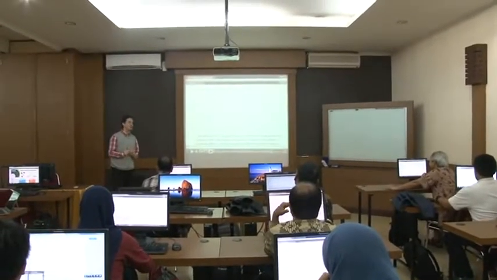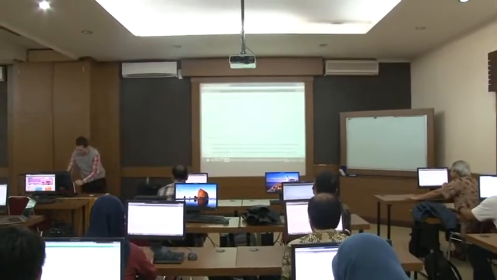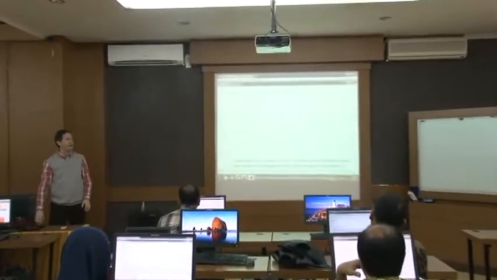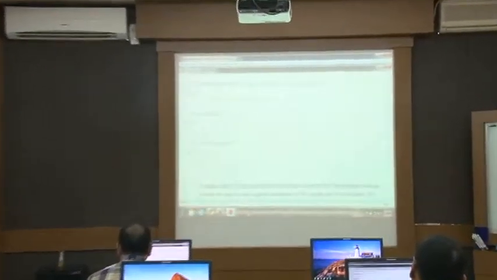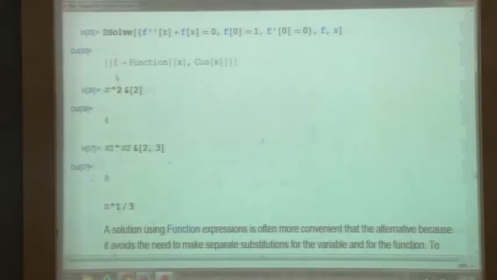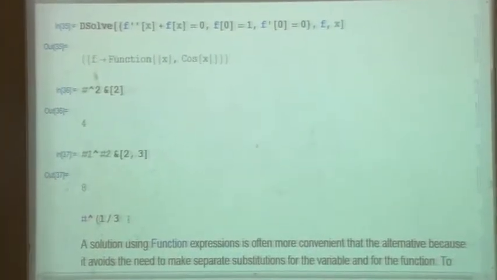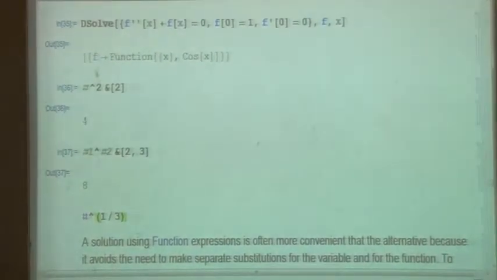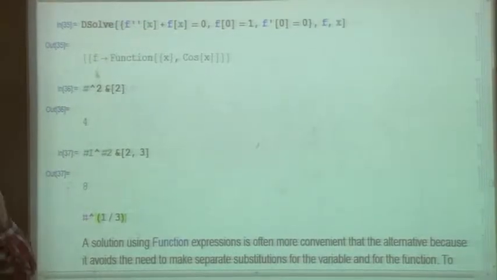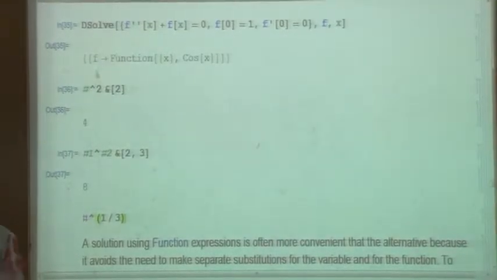But the idea is, if we want to create a pure function, then we use the slot notation, right? So this will be the argument, and I want to raise the argument to 1/3. And then you see that the color of the argument is not green, so Mathematica still does not understand.